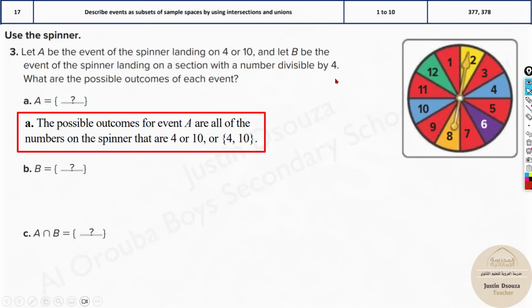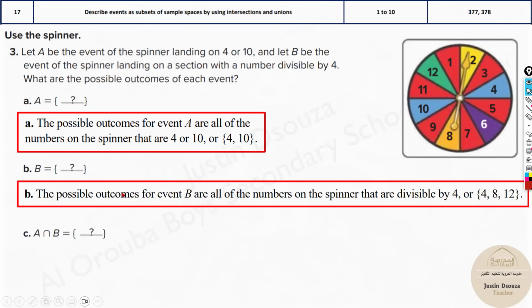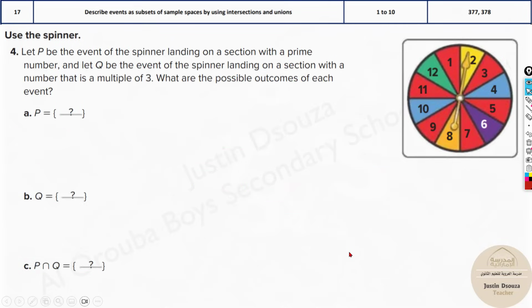Divisible by 4, or you can even consider it to be a multiple of 4. It's the same thing. So 4, 8, 12, and so on. Over here we have only 4, 8, and 12. So here it's only 4, 8, 12. What is common in both? Intersection. So it must be common in both of these. It's only 4. That's the answer.